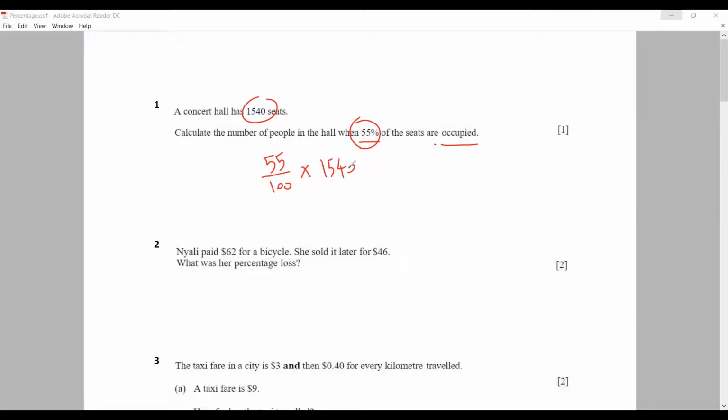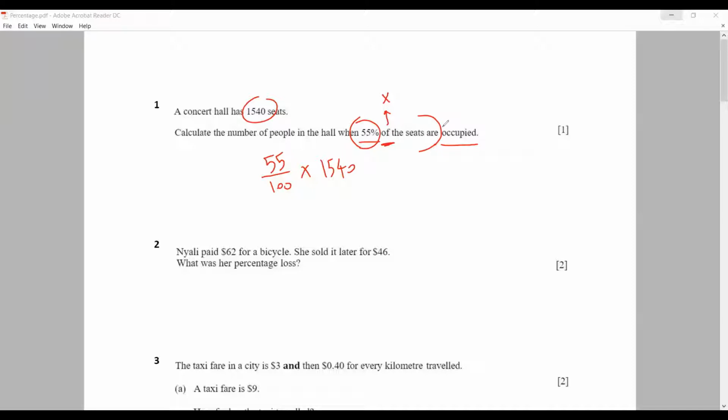1,540. So basically, whenever you want to find the percentage of a quantity, you just convert that to multiplication. That's as easy as that. That carries 1 mark. Let me grab my calculator.